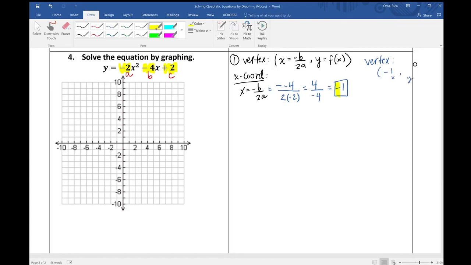To find our y-coordinate, we want to take our x value and plug it back into our function. The function's y equals negative 2x squared minus 4x plus 2. So take the x value and plug it in.